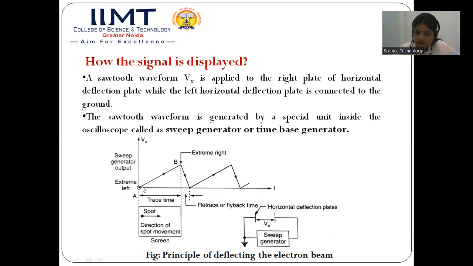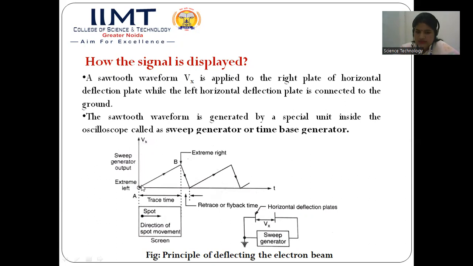As Vx, the sawtooth voltage, starts increasing, the potential on the right plate of the horizontal plates will start to increase. And in this process, an electrostatic field is developed. The strength of this field increases with the increase in Vx, with the increase in the sawtooth waveform voltage.